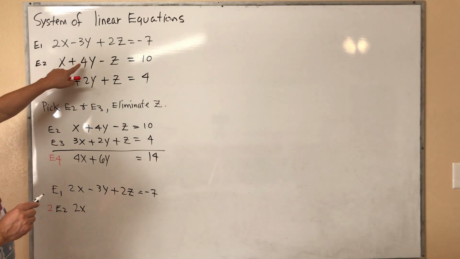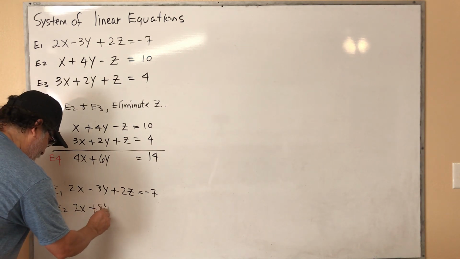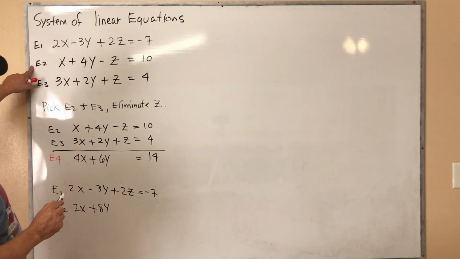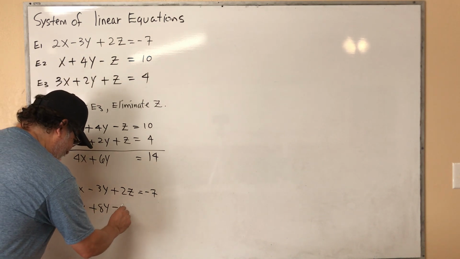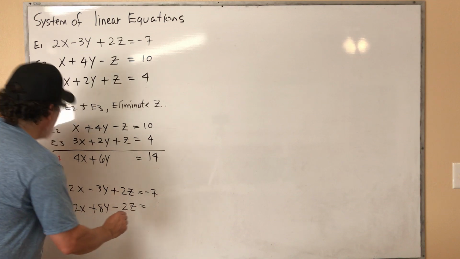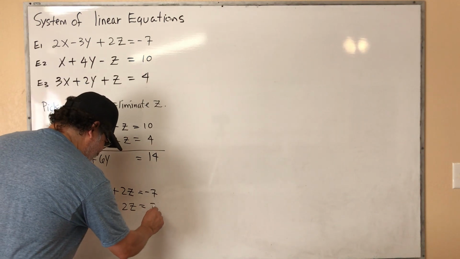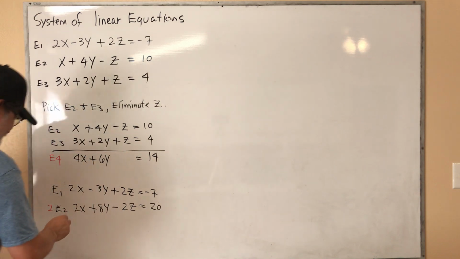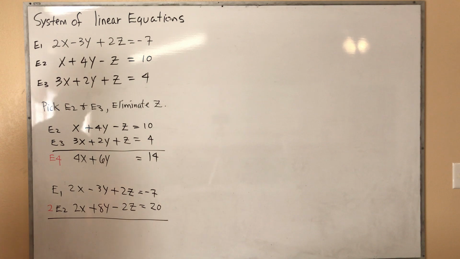What's 2 times 4y? 8y. What's 2 times negative z? Negative 2z. What's 2 times 10? 20. And now we're going to add them up. And z is going to eliminate.